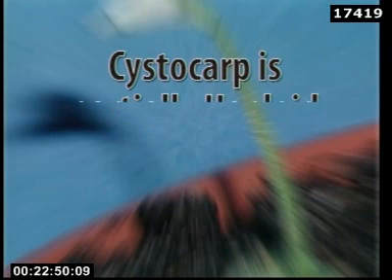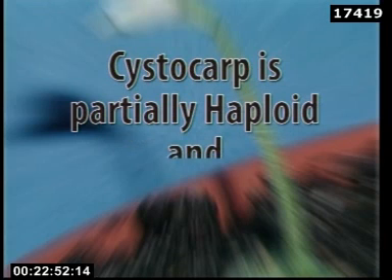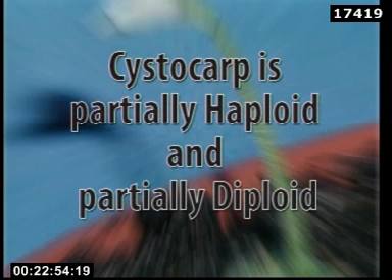A cystocarp is partially haploid and partially diploid. The diploid portion of the cystocarp constitutes the cystocarpic plant or the carposporophyte. It is the second individual in the life cycle of Polysiphonia.